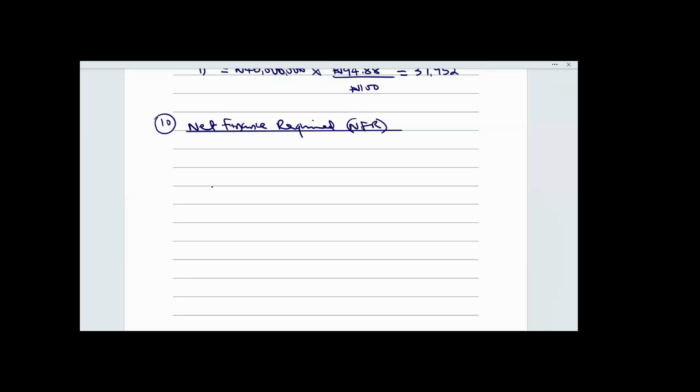Those expenses are what we call issue cost, like registration fee, usually paid to the Securities and Exchange Commission, and the investment banking fee that the company will pay to the investment banker.